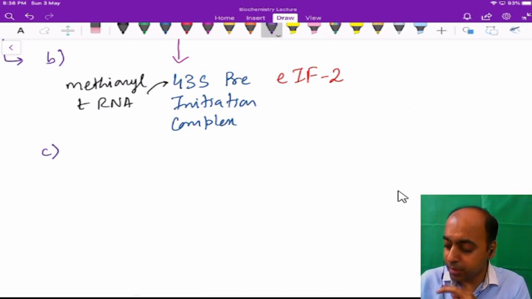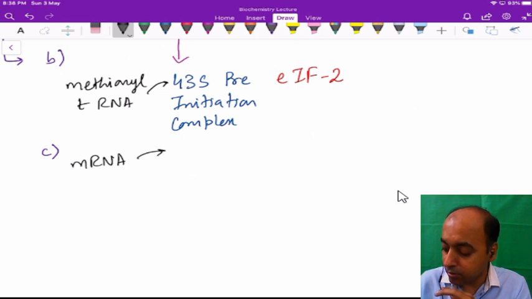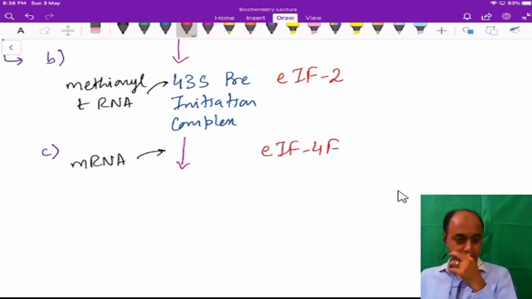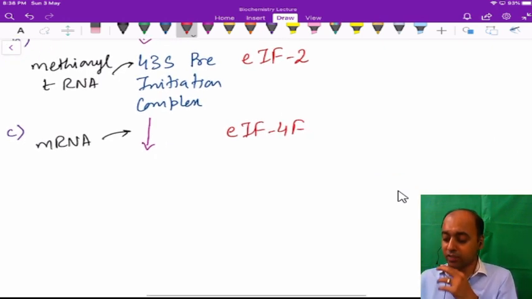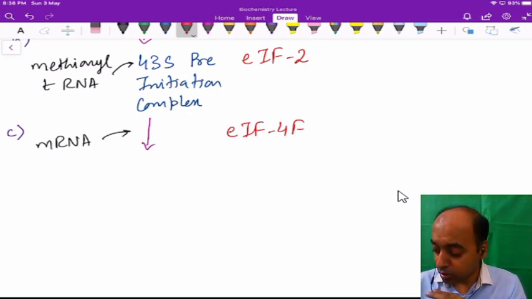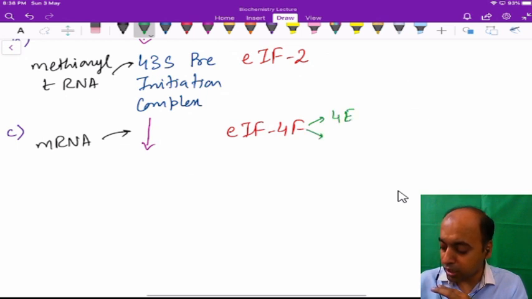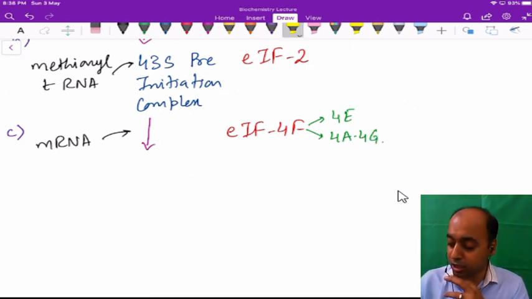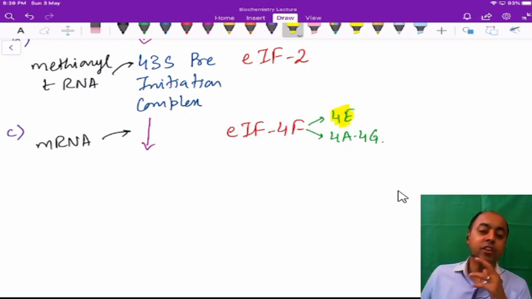The next step, there is attachment of messenger RNA to the 43S initiation complex. This process is facilitated by eukaryotic initiation factor 4F. Please note the initiation factor 4F is made up of the subunits 4E, 4A, 4G. If you recall, I told you the 4E subunit of initiation factor 4F is able to identify the cap of messenger RNA.